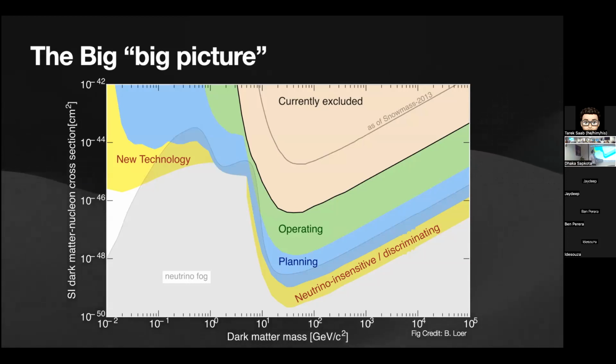For the longest time, the dark matter searches guided by supersymmetry were looking in the range of 10 GeV and above, and this beige area is the region of parameter space that has already been ruled out. In the green area, labeled operating, these are experiments that are ongoing right now or in construction. They expect to be able to carve out this region of parameter space, and then there are ideas of what to do next.